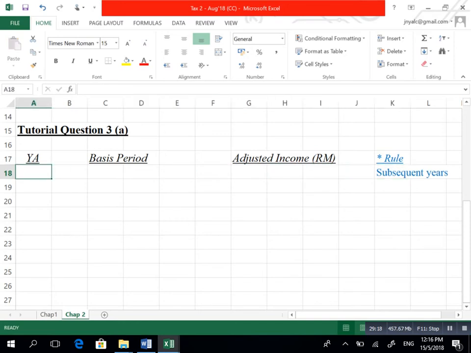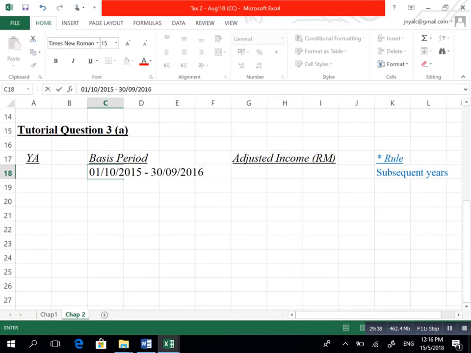So your accounting period will start from 1st October 2015, and close until 30th September 2016. Year ended must be 1 year exactly. And very easy. So here ending year 2016, now means that the YA here also 2016. Any changes to your adjusted income? No.